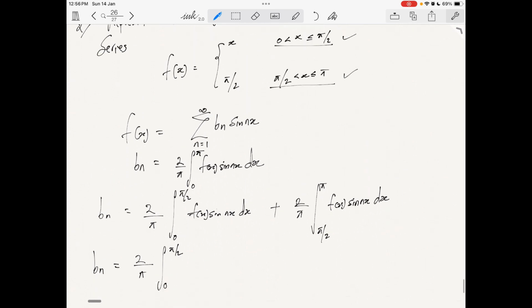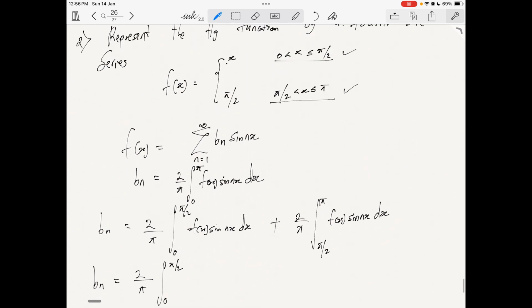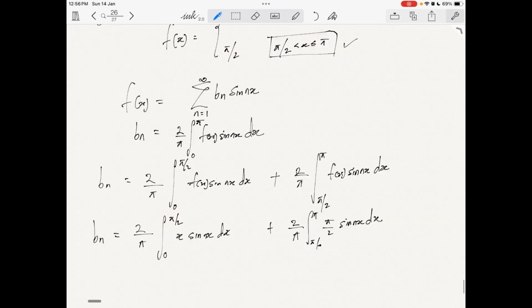So from 0 to pi over 2, our f of x is x, plus 2 over pi integral of pi over 2 to pi. The f of x between the range of pi over 2 to pi is pi over 2, sine nx dx. So now let's focus on solving this.